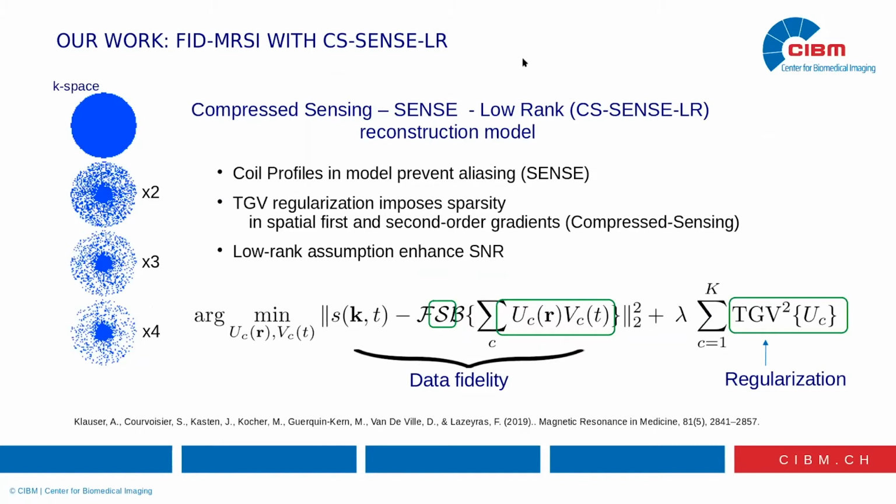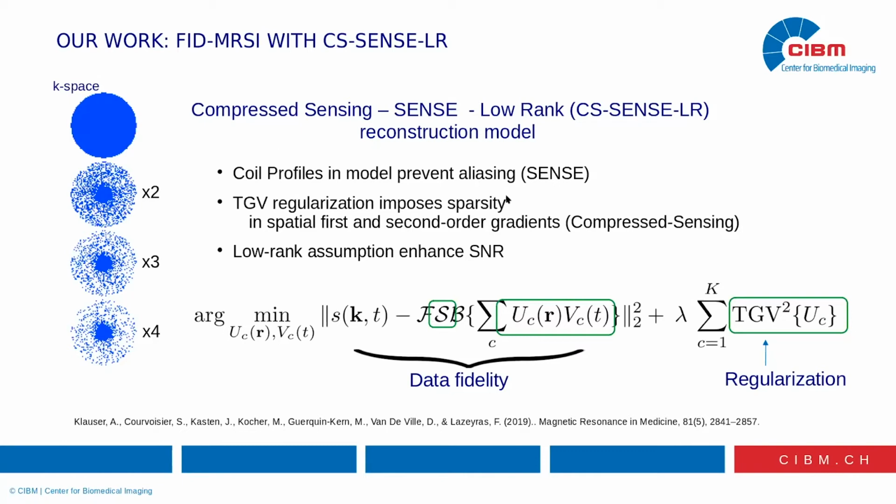This is a compressed sensing SENSE and low rank model. This model comprises the coil sensitivity profile in a forward model, in combination with a total generalized variation regularization on the spatial component. This should allow us to fully recover from the random undersampling.